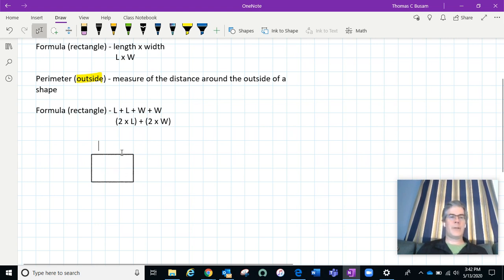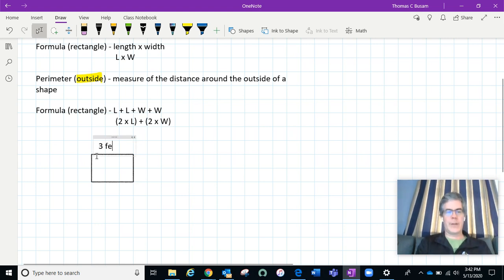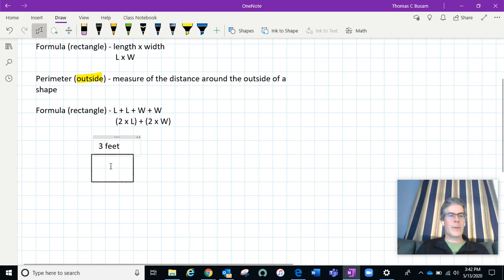We can represent any of those by drawing a picture. So 3 units, let's say they're feet. 3 feet, and we can count that: 1, 2, 3. So it's 3 feet long, and then it is 2 feet wide. Again, we can count it: 1, 2.